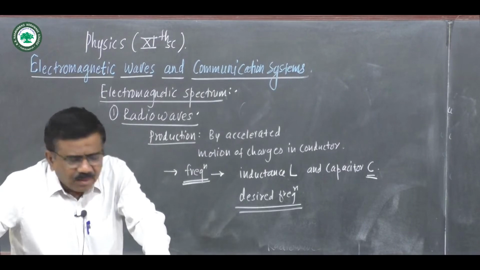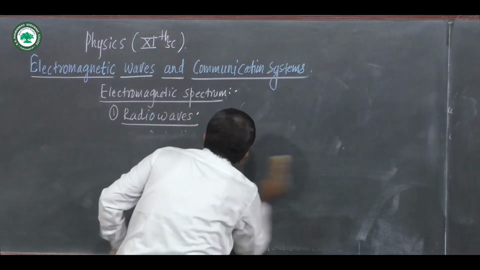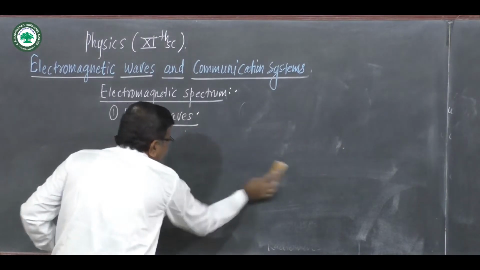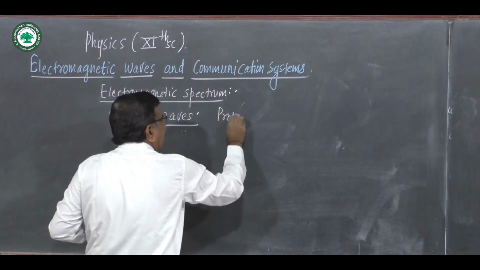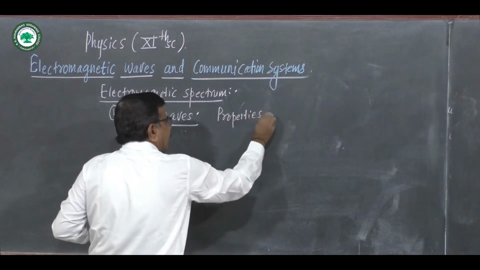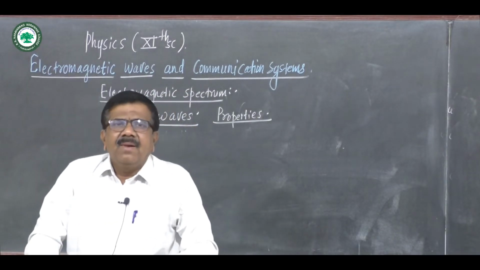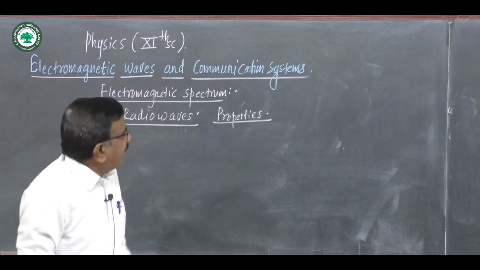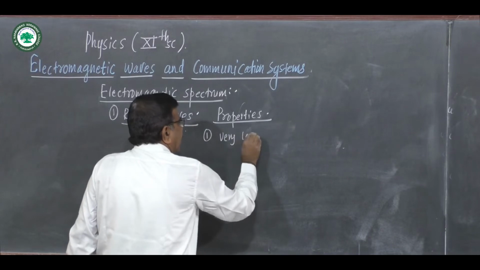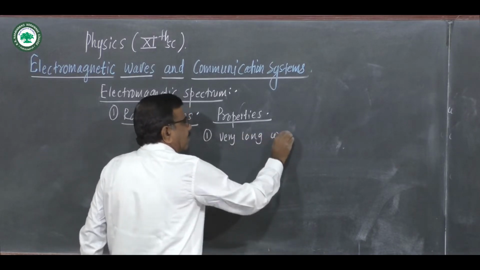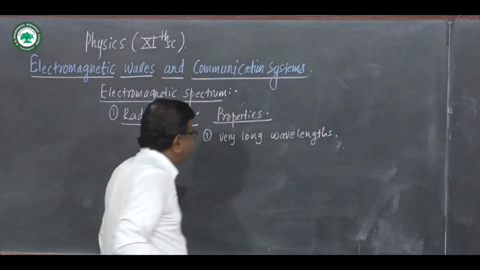Now we see some properties of these radio waves. Properties are very simple. These waves have very long wavelengths. It means the frequency is low.